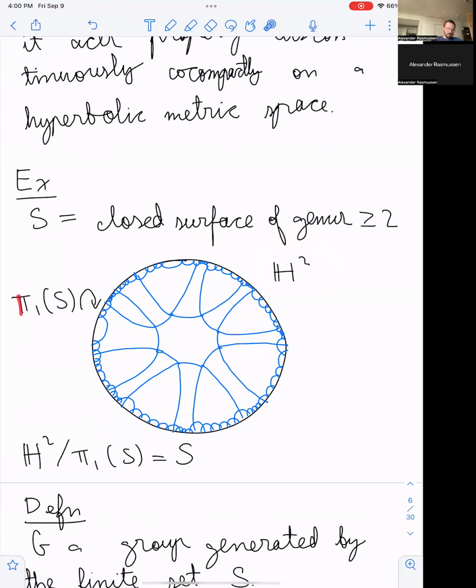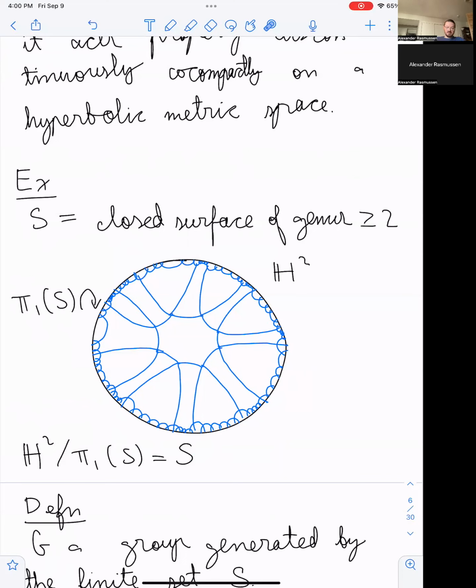So this fundamental group, pi1 of S, is going to act on the universal cover. The action is properly discontinuous. In fact, it preserves this really nice tessellation of the hyperbolic plane, and the orbit of one of these vertices is just going to track the vertices of the tessellation.